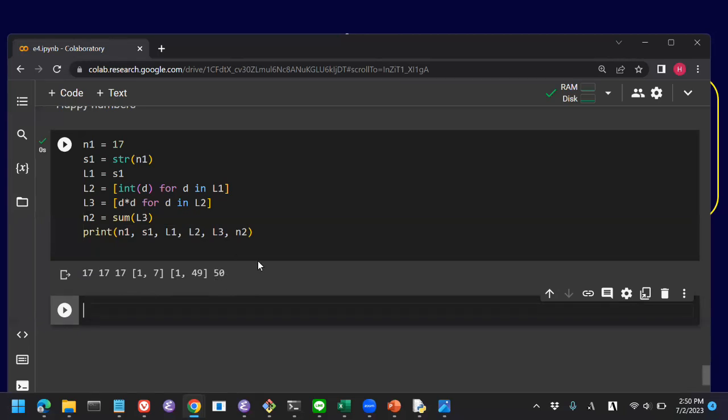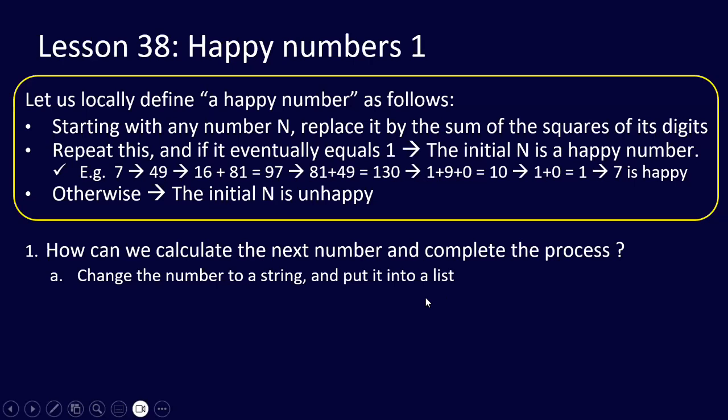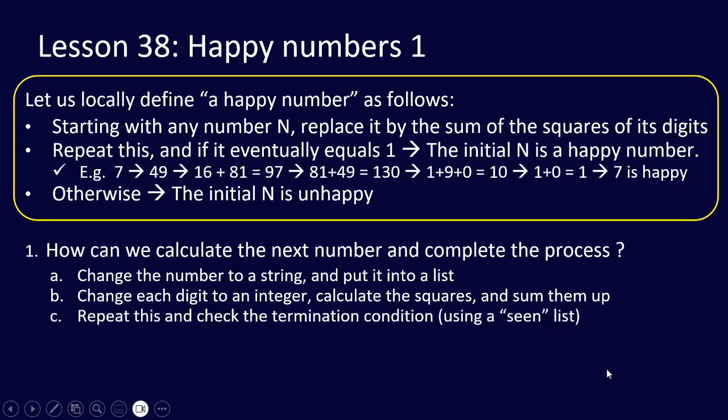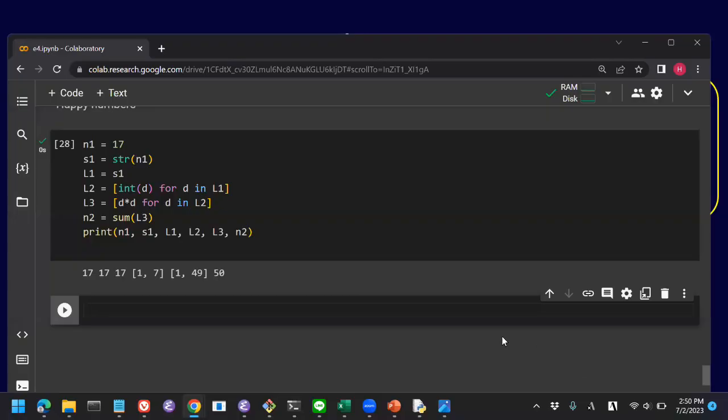Thus, we can get the next number N2. Okay, that's fine. Change each digit to an integer, calculate the squares, and sum them up. Thus, we can get the next number N2. So repeat this and check the termination condition. Using a terminating condition is a bit strange because we need to find out whether next number.